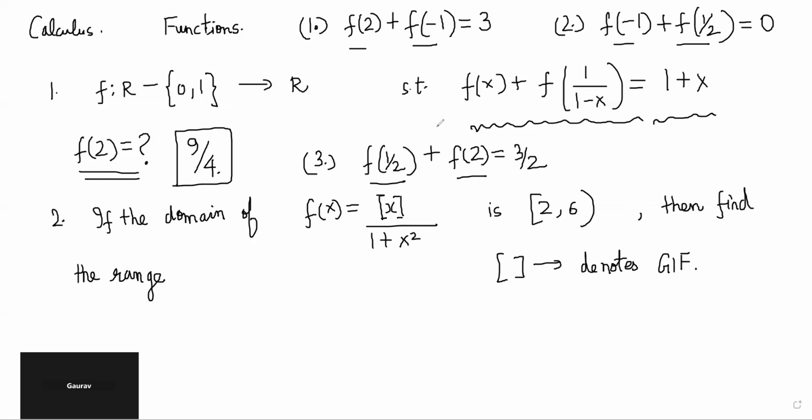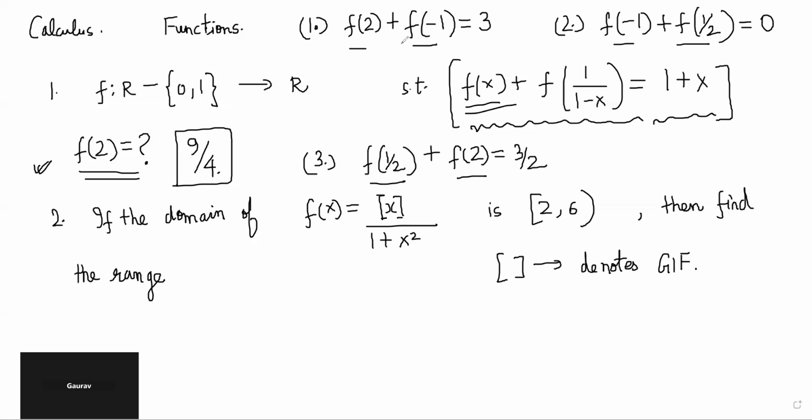It's not necessary to always find the function. It may not be possible, and it may be too long. If they are asking for a specific value, think about whether there is a nice way to get that specific value. With the relation, we can input any real numbers into it except 0 and 1.